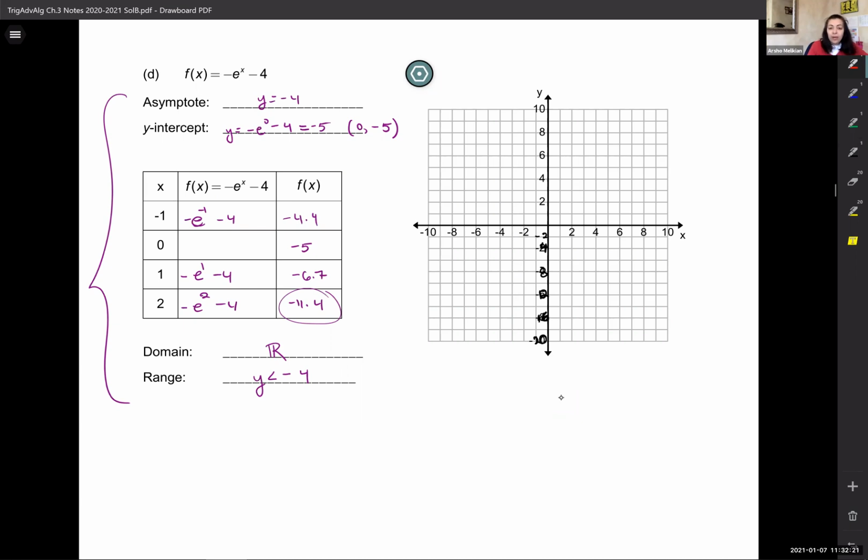Okay. Take ownership of your graphs. Make sure I can see everything, right? And make sure, like, you know, it's labeled correctly and right. Okay. So the asymptote is -4.